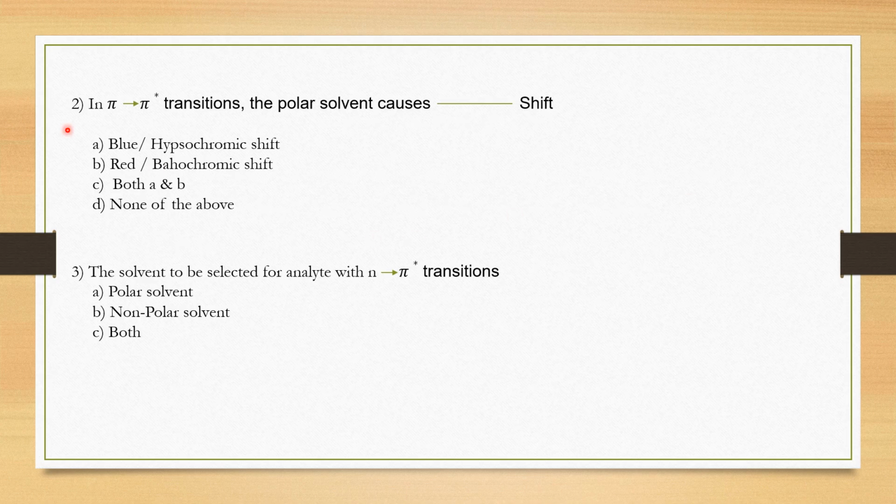Second question, in pi to pi star transitions, the polar solvent causes dash shift. A. Blue or hypsochromic shift. B. Red or bathochromic shift. C. Both A and B. D. None of the above.